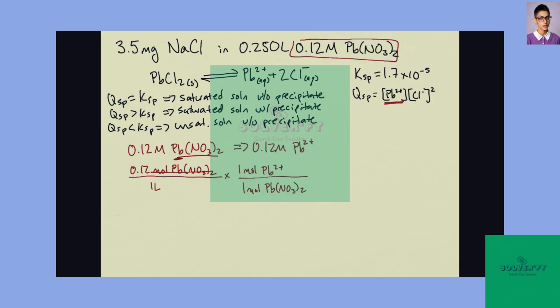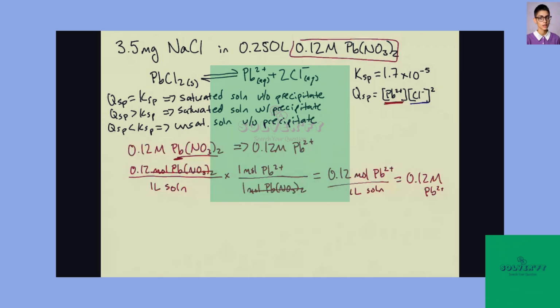These units here cancel out, and 0.12 times 1 divided by 1 is just equal to 0.12, and our units are then moles of Pb2+ over liters of solution, which is also just 0.12 molar Pb2+.